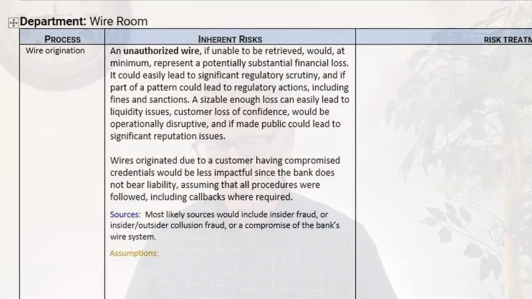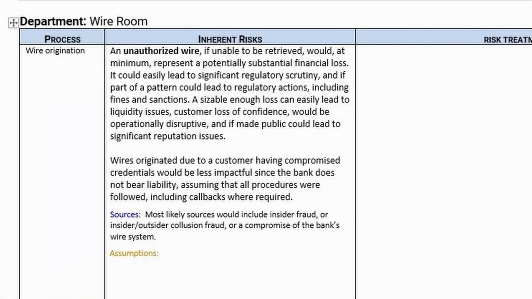This narrative describing both what could happen and some sense of what that could mean, the potential impact, should provide enough information to establish it as a key risk. Said another way, convince me why I should care.